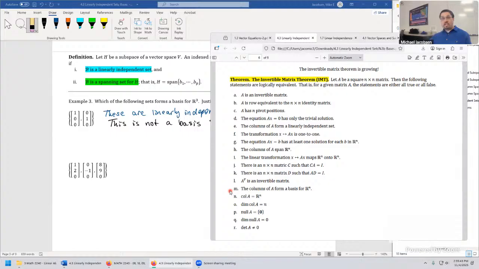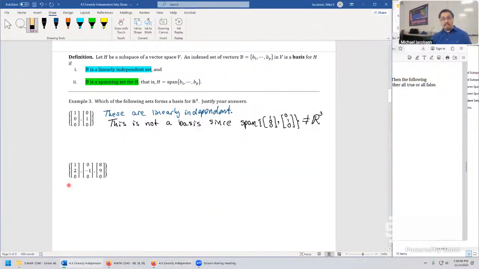The columns of a matrix A forms a basis if and only if, through the invertible matrix theorem, A itself is an invertible matrix. So now, if we're dealing with R3, you have A through R different ways to look at what is an actual basis. It's kind of impressive in a way. So pick your favorite approach. Let's try using the invertible matrix theorem a bit on this one and vary our answers just to see it from different points of view.